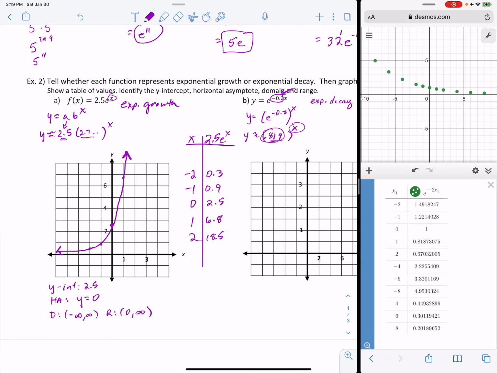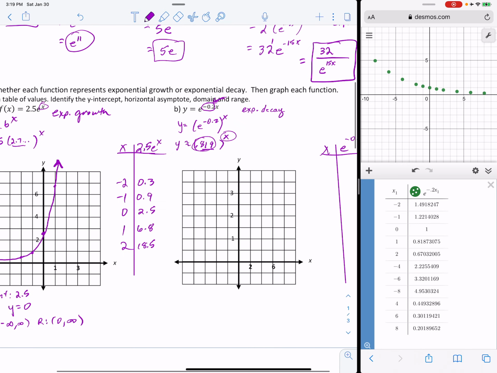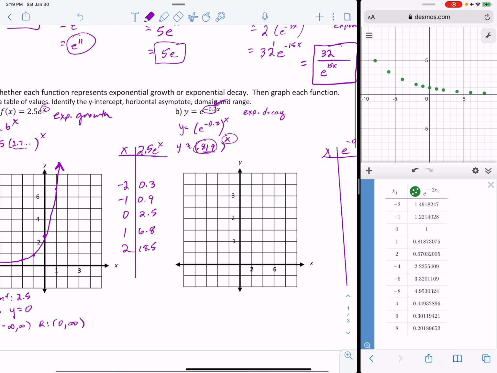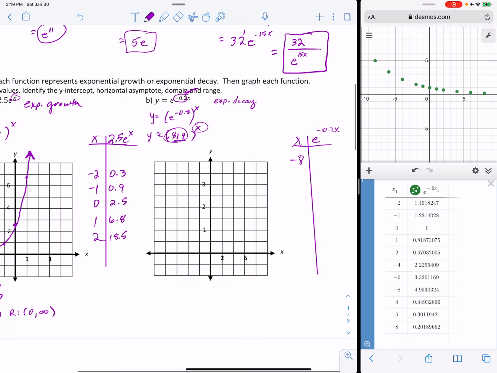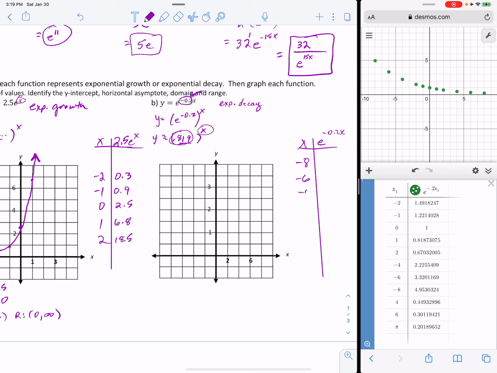And so I am going to come over here and fill something out, and notice that I have my graphs going by 2. So I don't have to put every one of these down, but I like negative 8, maybe negative 6, negative 4, negative 2, 0, 2, 4, 6, 8.